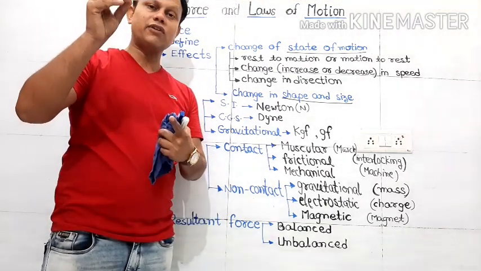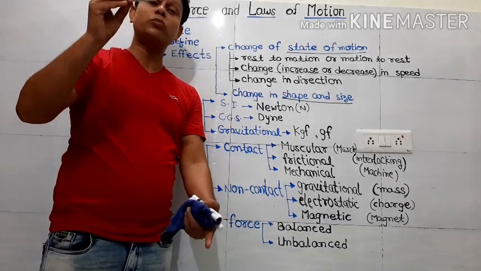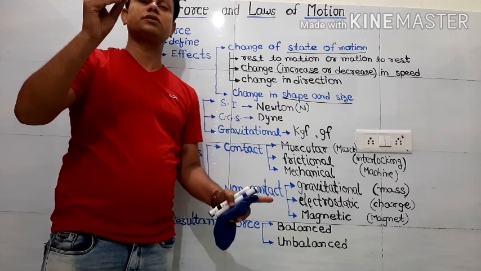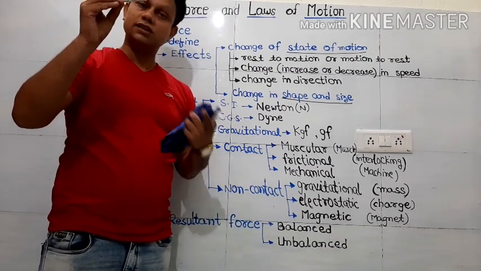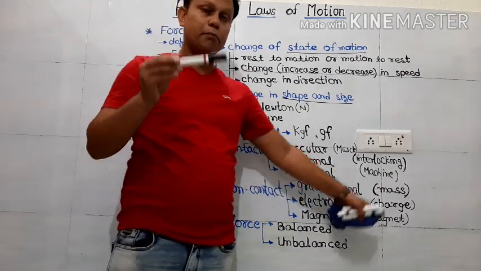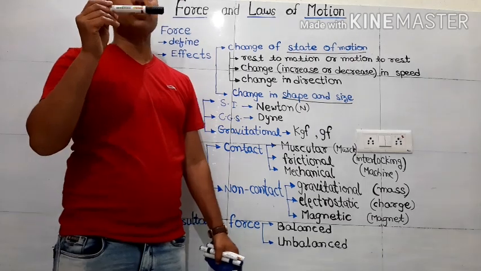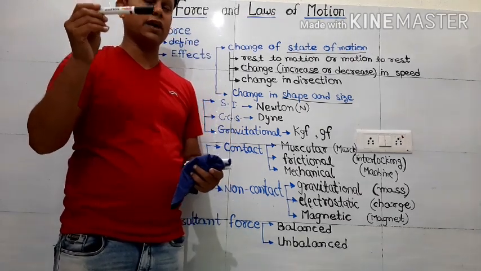Still, whenever I release it, it will be pulled down by the earth. That means here the force is acting without touching it. So that is the example of gravitational force, and the responsible factor is mass. We will study gravitational force in detail when the gravitation chapter starts.